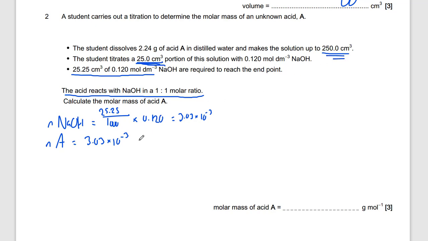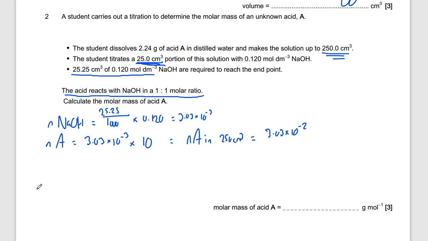So we need to multiply this by 10 to work out the total number of moles in the original sample. So we have to times it by 10, and that will give us the number of moles of A in 250 centimeters cubed, which gives us 3.03 times 10 to the minus 2. Now we can use the mass.